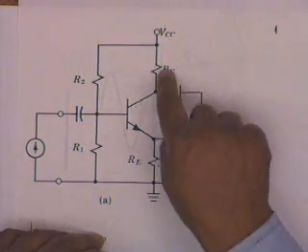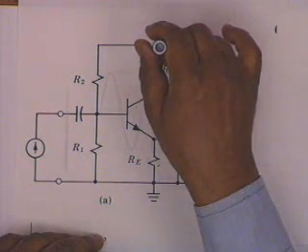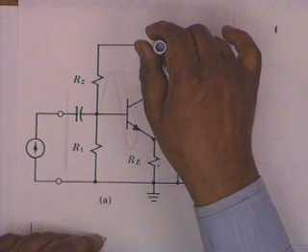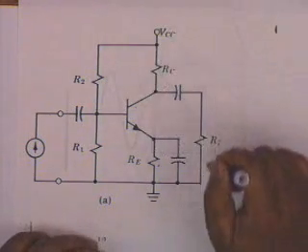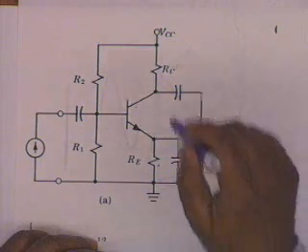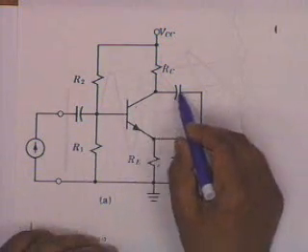But RC, what is the AC potential of this point? A battery, internal resistance 0. So the AC potential should be 0. And AC potential of this point is also 0. Therefore, RC and RL are connected in parallel, because this is an AC short.